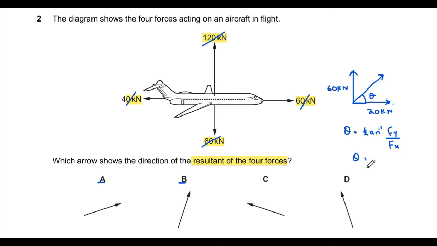Now putting the values, it would be tan inverse of 60 kilonewton, that is acting on y side, and 20 kilonewton, that is acting on x side, and the angle would be 71.5 degrees. That is a much larger angle, so A can't be the choice because A has lesser angle, so B is correct. Option B.